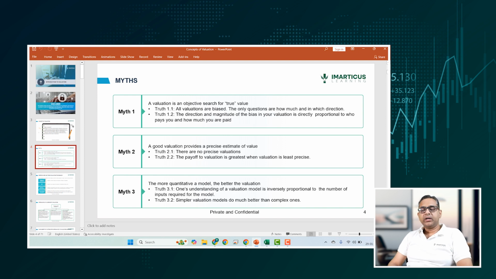So what we are trying to say here is that all valuations are biased, depending on who is getting the valuation done, and accordingly there could be some biases, some conflict of interest.